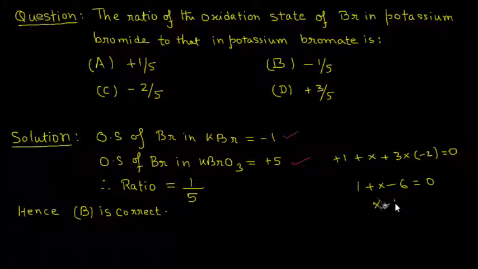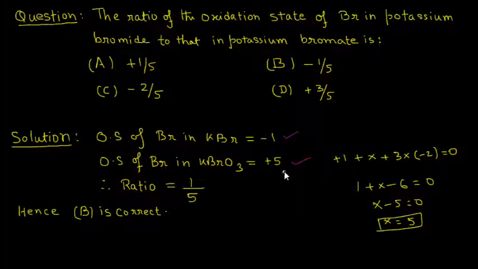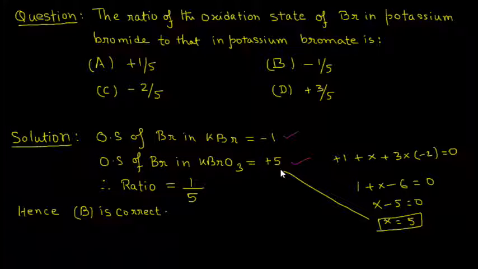Then X minus 5 is equal to 0. X is equal to 5. This is the 5 we got here. So the ratio of both of them is minus 1 by 5. Therefore, option B is correct in this case.